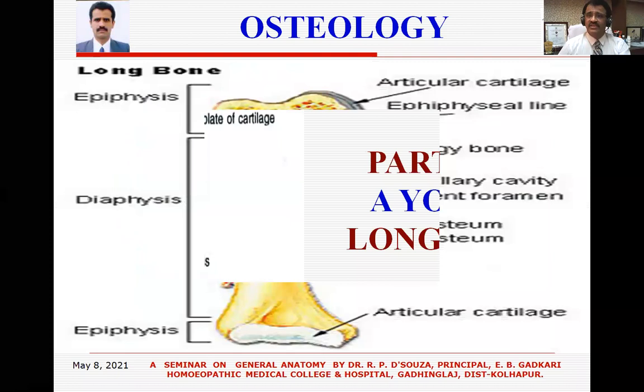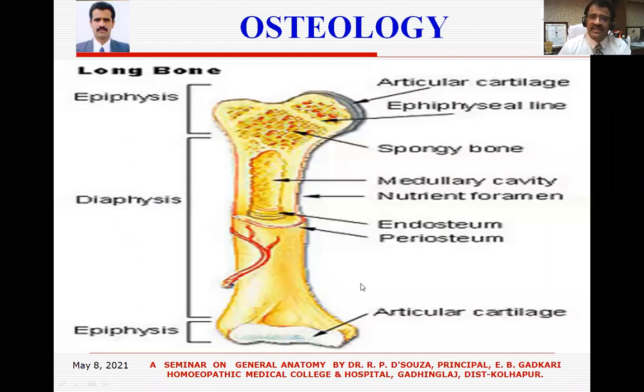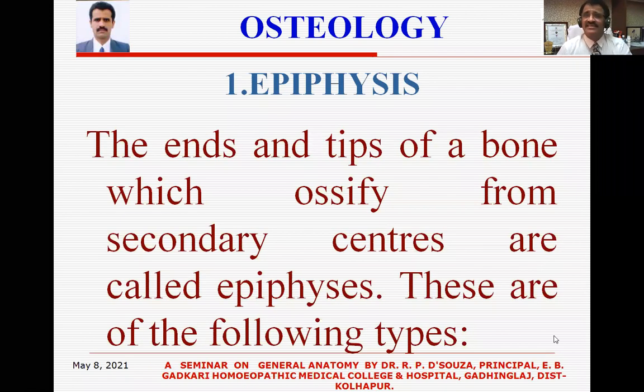Okay, we will see one by one what are these things once again. But prior to that, we'll understand three major parts of a young long bone, and those are two epiphyses and one diaphysis. Here you can see clearly. Now this bone is growing. Now what is the exact meaning of epiphysis?